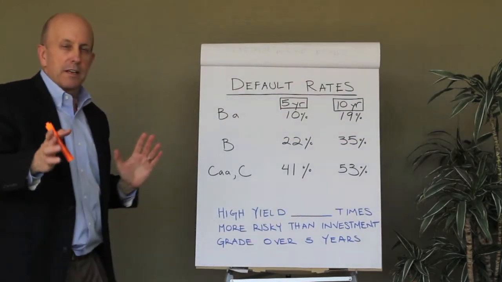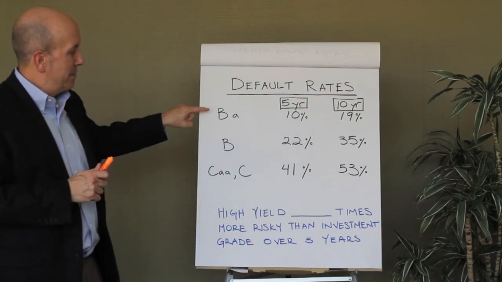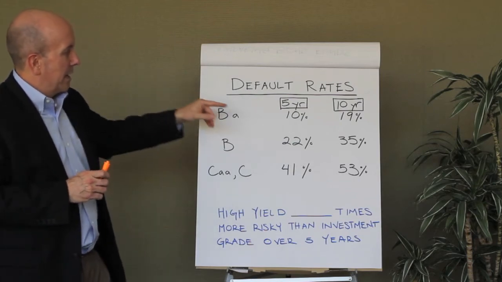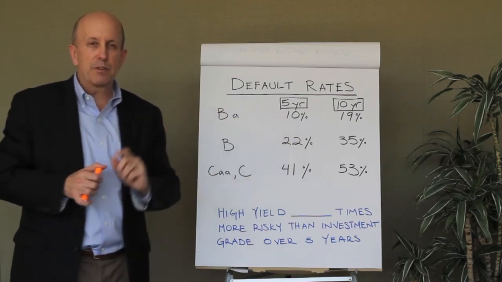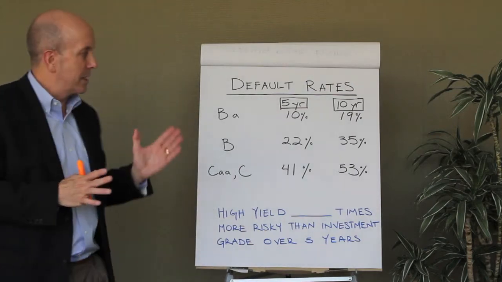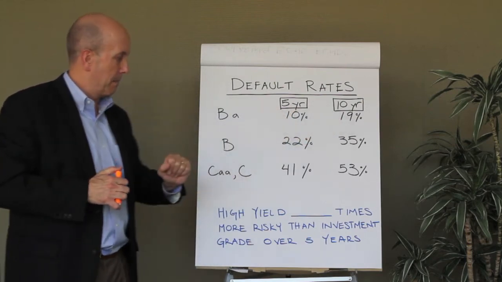And here are some of those risks that we need to consider. If it's a BB, which is sub-investment grade, for 5-year bonds, about 10% of those BB bonds default sometime in that 5-year period, and nearly 20% in a 10-year period.